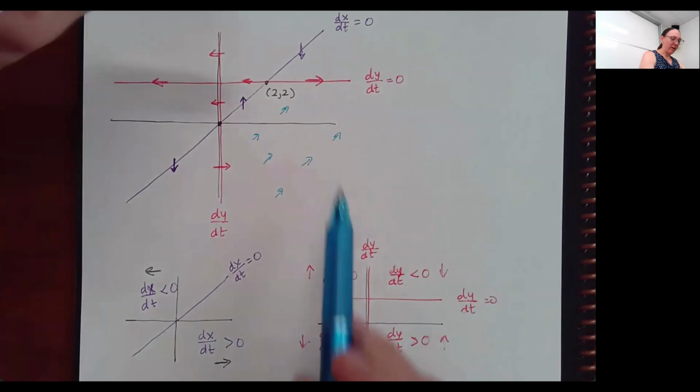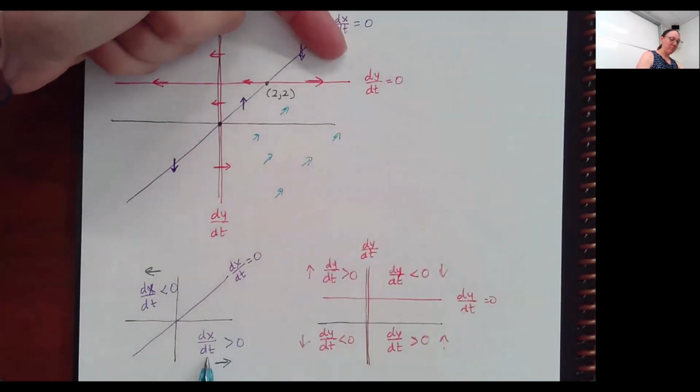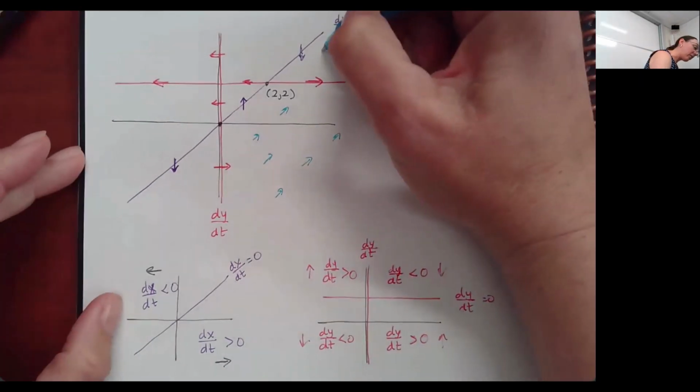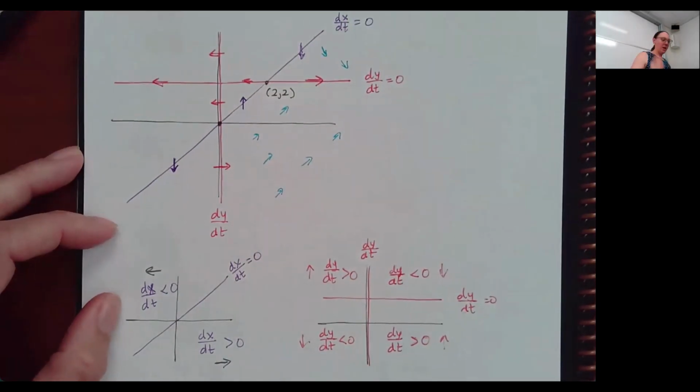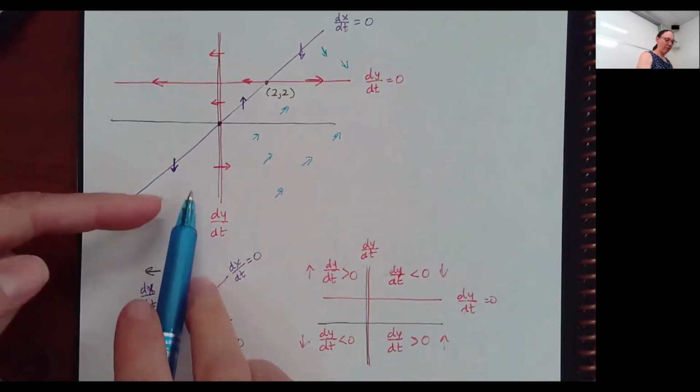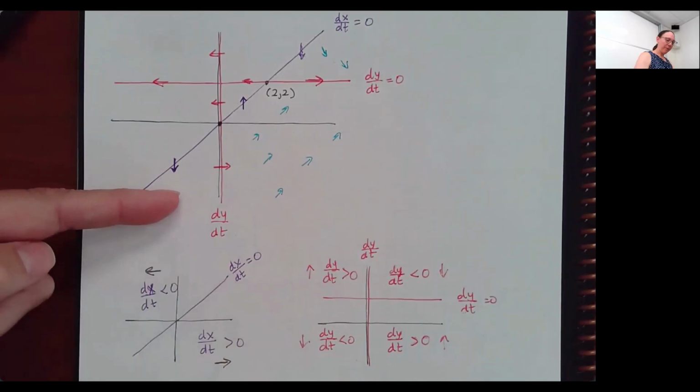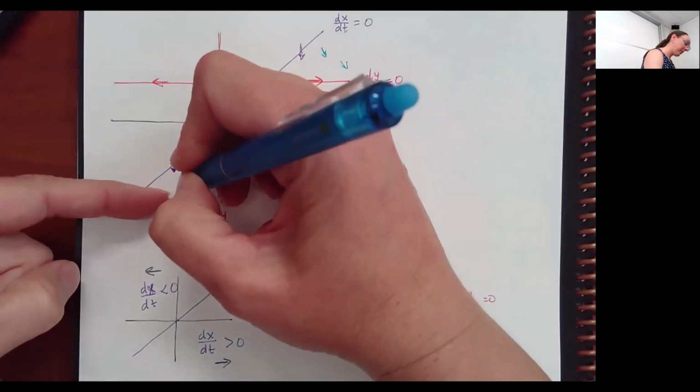If I'm in here, I point to the right, but now I'm pointing down. So over here, I'm down and to the right. If I'm in here, I'm below the purple line, so I point to the right, but I'm in this chunk, so I point down, so I'm down and to the right over here.